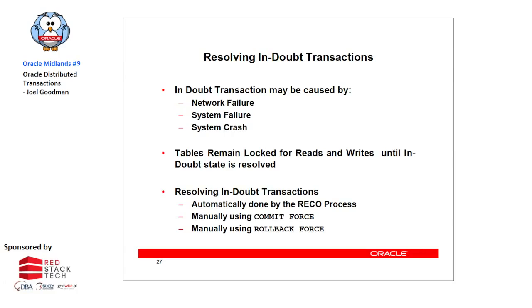So now the coordinator says, okay, they committed, I can send the commits to everyone else. We can forget about everything, unlock all the resources, we're all very happy. If the other side said, when you asked me to do that, it failed, so I rolled it back, then the coordinator says, I better roll this back locally and send rollbacks to everyone else. But until the other side reestablishes contact, we can't make that decision. That should be done automatically by RECO.